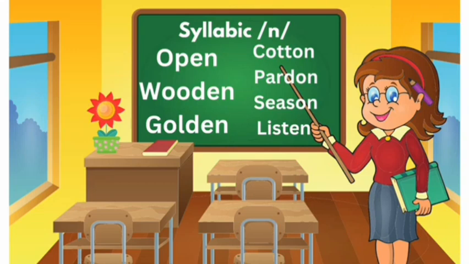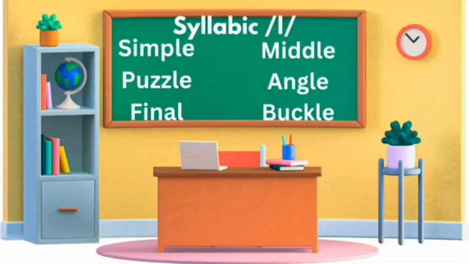The final syllabic N usually comes after the consonants t, d, f, v, s, the sh, and of course the z sound. Examples of words with the syllabic L, we have simple, puzzle, final, middle, angle, buckle.